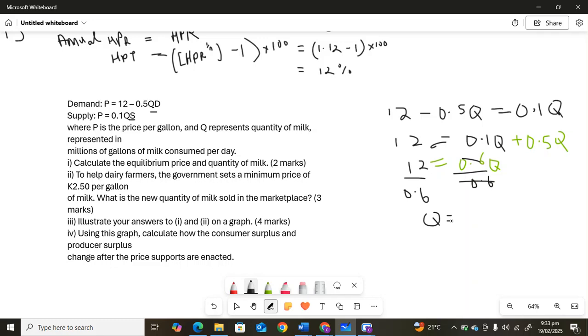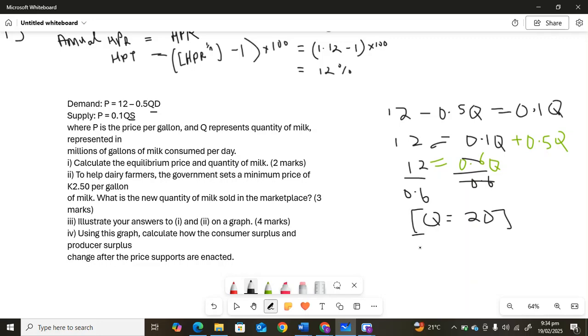Let me check on my calculator. It's 20. Okay, so that's our equilibrium quantity supplied and quantity demanded.